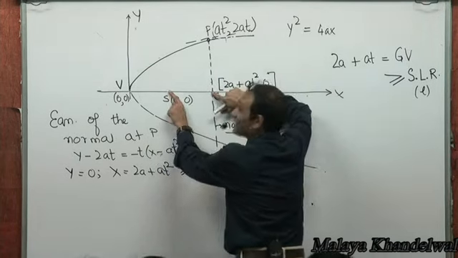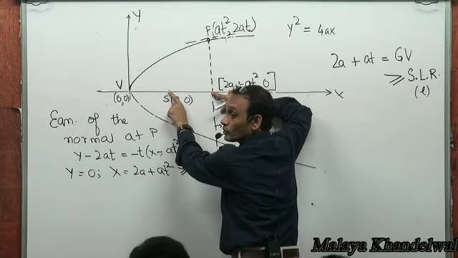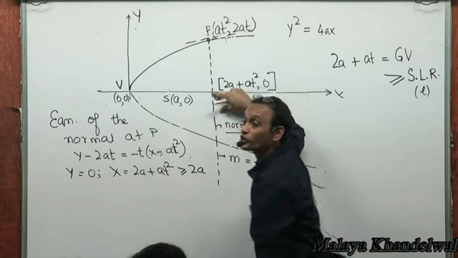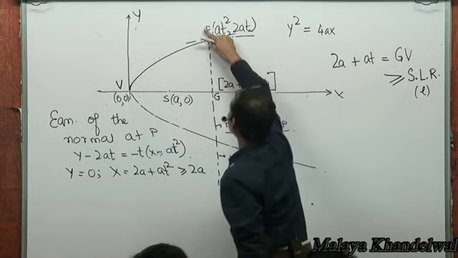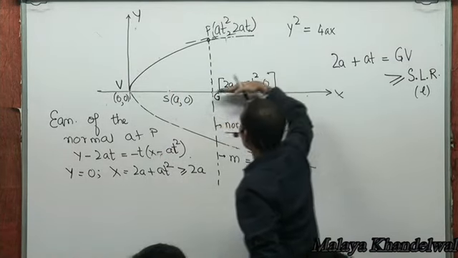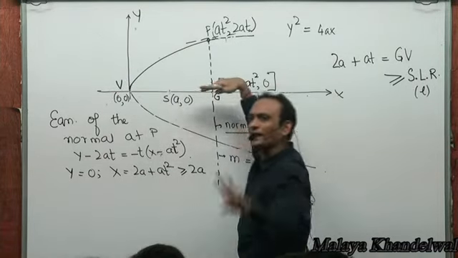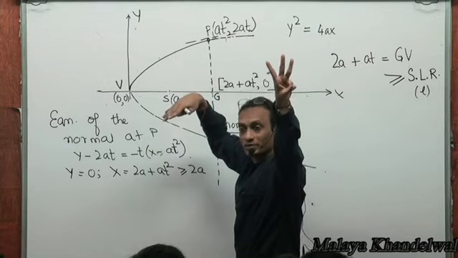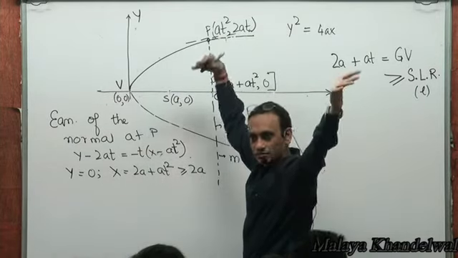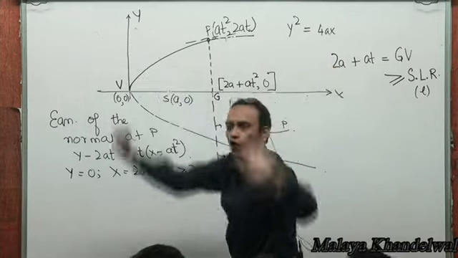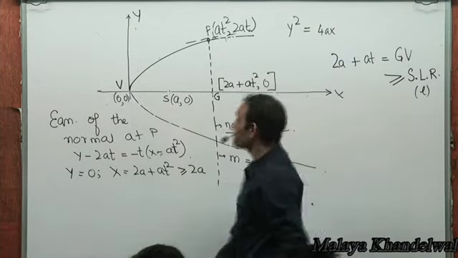If this is greater than or equal to a, then there are 3 normals that could be drawn to the parabola. At t, at minus t, and one would be perpendicular to the tangent at the vertex. From the axis of the parabola, 3 normals could be drawn in a very general sense.